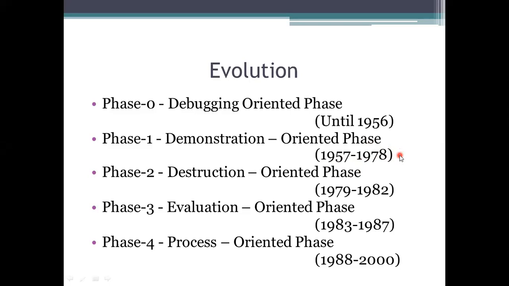Means there is no flaw. Whatever has undergone testing has to show that the software you have designed is a working one.